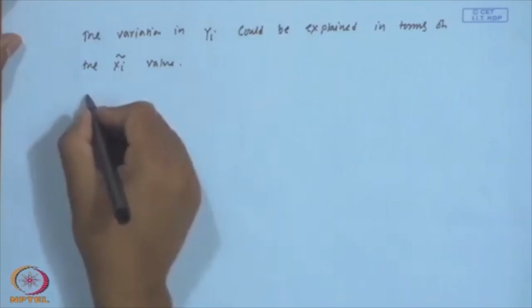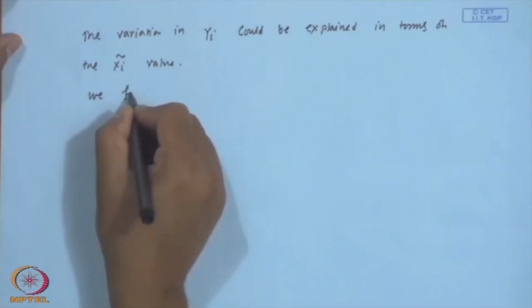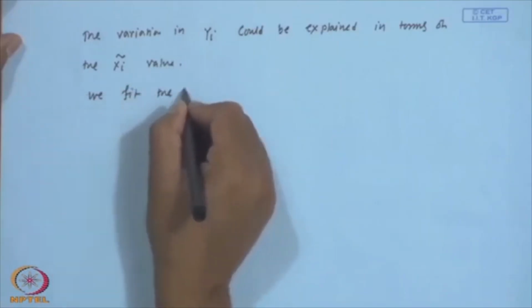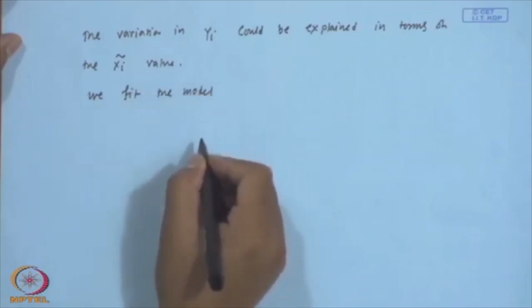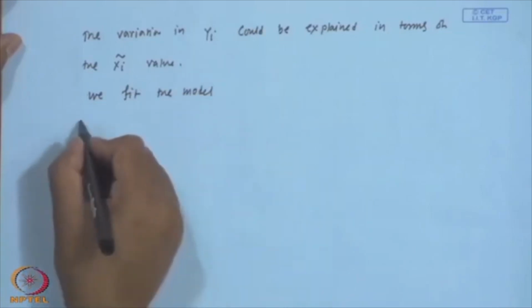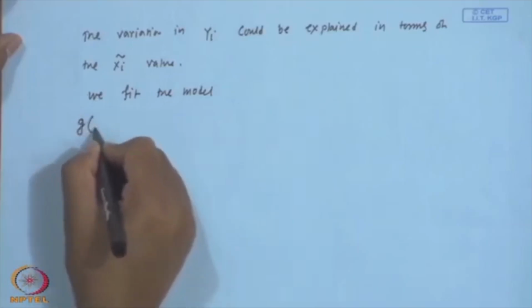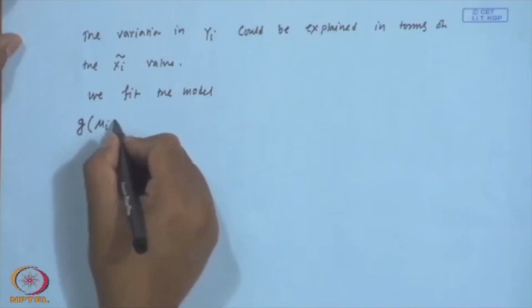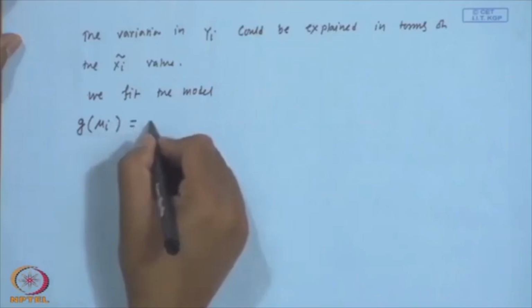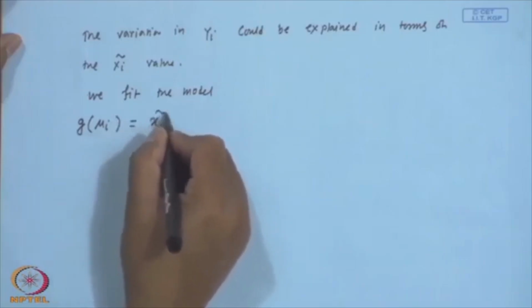So, what model do we fit for that? We fit the model g(mu_i) equal to x_i prime beta.